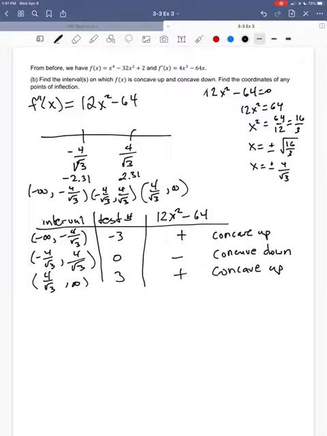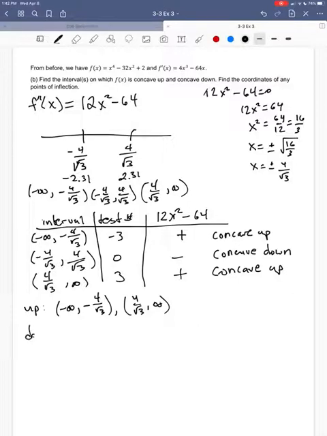Okay, so I'm supposed to decide where this is concave up and where it's concave down. So it's concave up from negative infinity to negative 4 over the square root of 3, and from positive 4 over the square root of 3 to infinity.